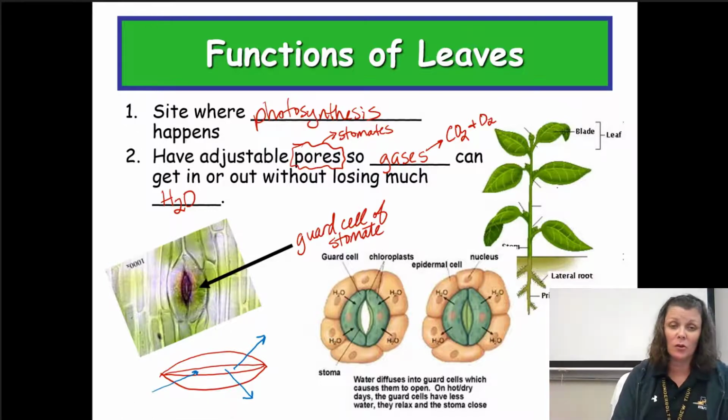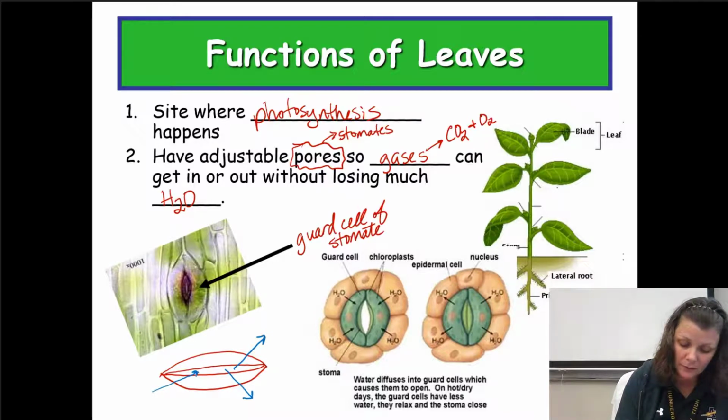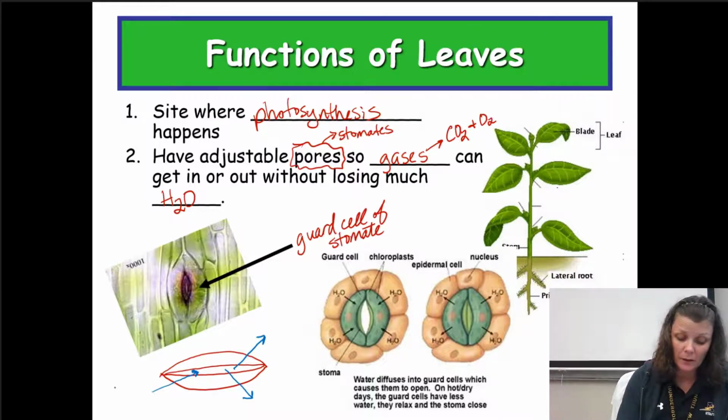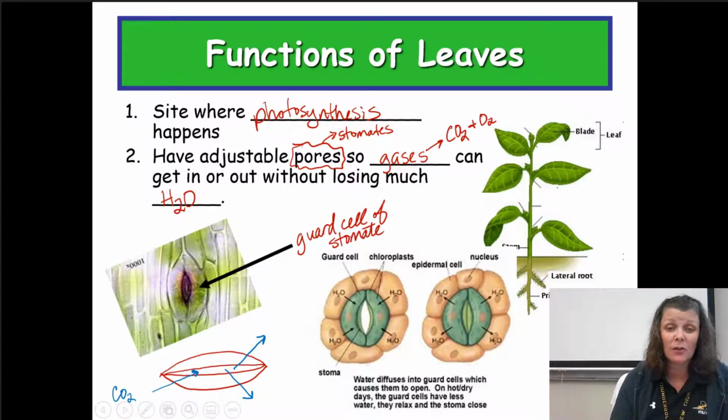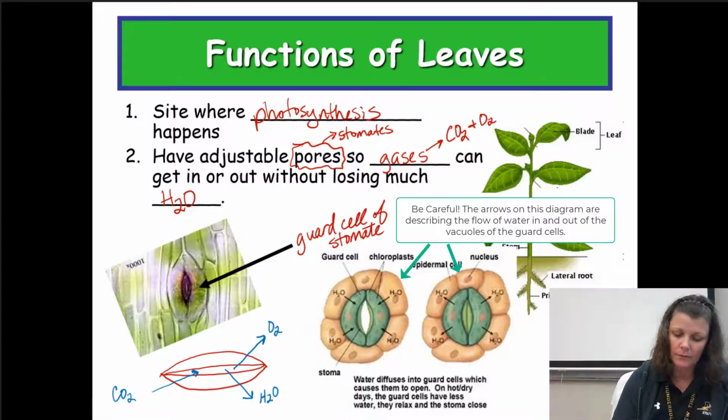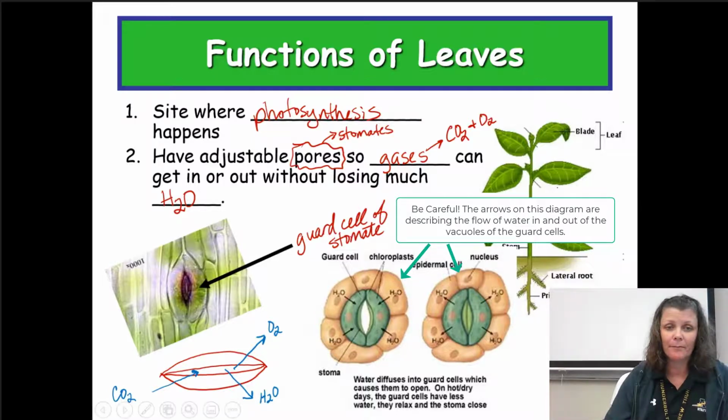Remember, make sure that your arrowheads are inside the opening, and then of the other two arrows, the stem starts inside. What's the one thing that goes in through a stomate? The carbon dioxide. What are the two things that come out of a stomate? Oxygen and water. Awesome.